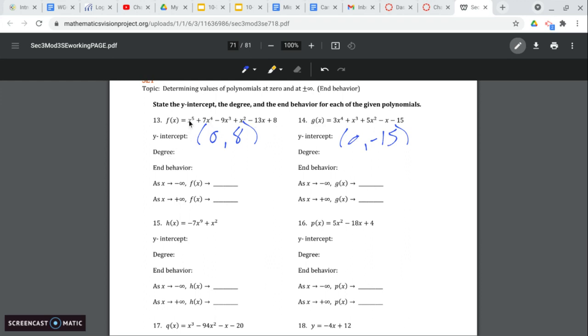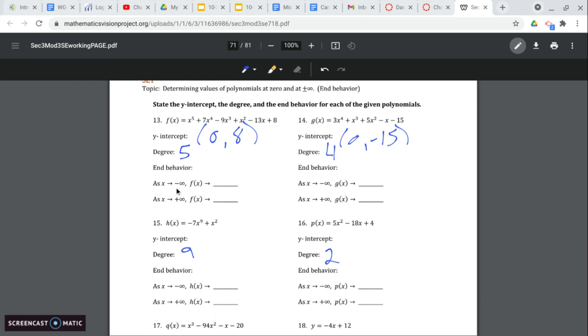What degree is it? Well, the degree is the largest exponent. So it's 5 in this case. It's 4 in this case. It's 2 in that one. It's 9 in this one. So it's always what the largest exponent is. All right, the end behavior. So behavior is your key word for this lesson, behavior.